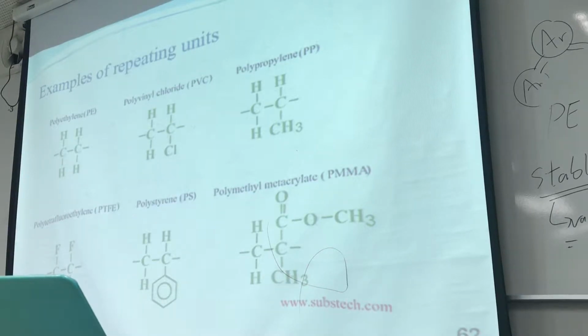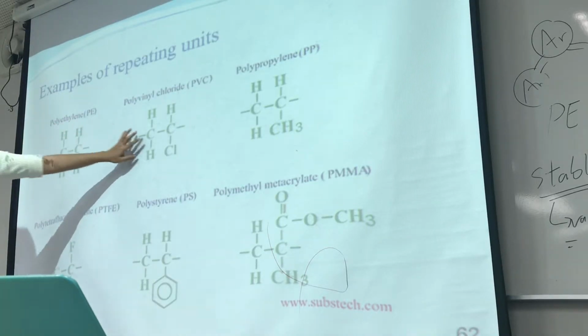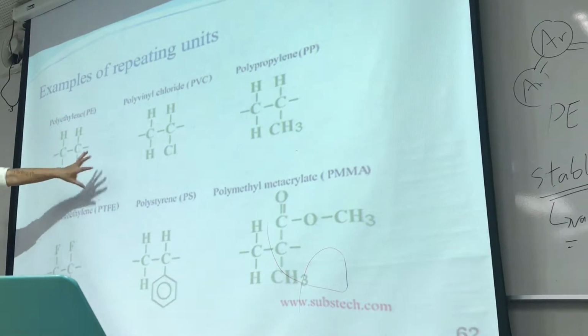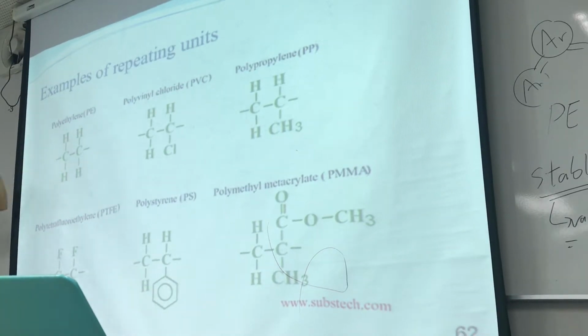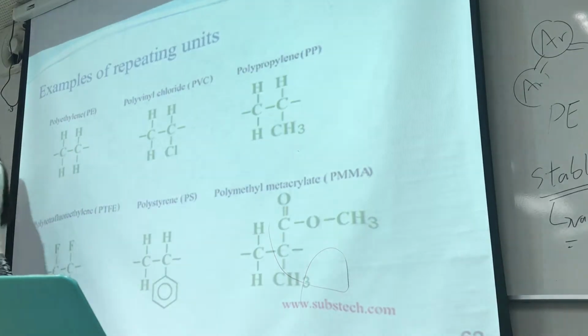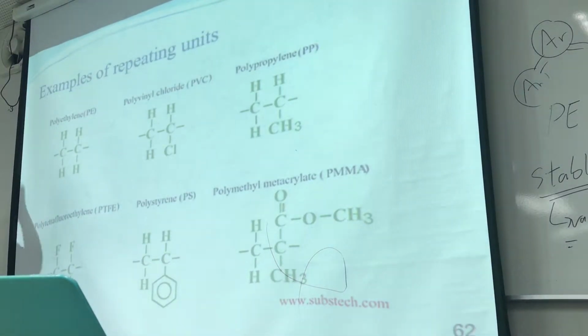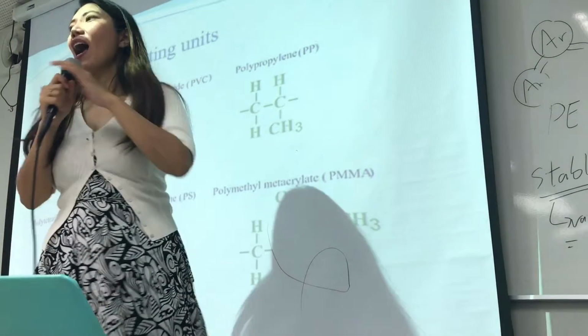But if I talk about PVC pipe, you see that? P, poly, V, vinyl, C, chloride. Polyvinyl chloride, PVC. You see? It's so simple. It just starts from ethylene and replaces one H with Cl, PVC. See that? And then next, okay?